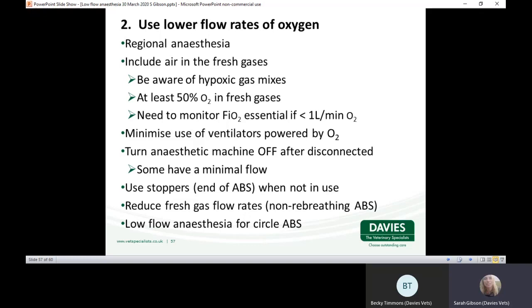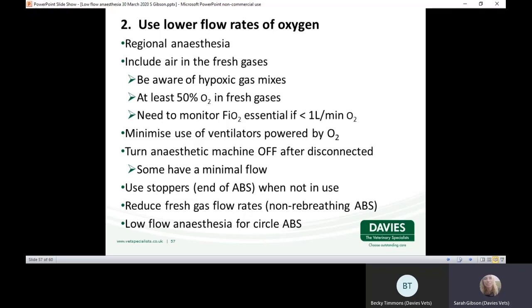So turn the anaesthetic machine off after the patient is disconnected if your machine has a minimum flow that is always going through the machine, and that will reduce some waste. Some of the breathing systems, like the T-pieces, come with red stoppers at the end, the patient end of the breathing system. So if you have those, you could put those on the end of the breathing system when they're not in use. And this will also reduce pollution of the workplace.